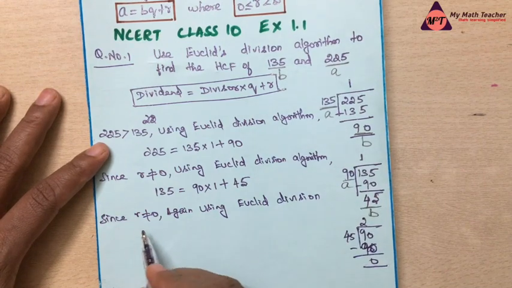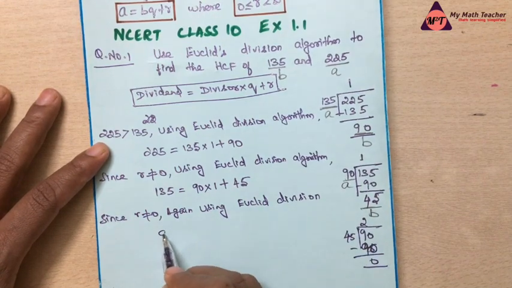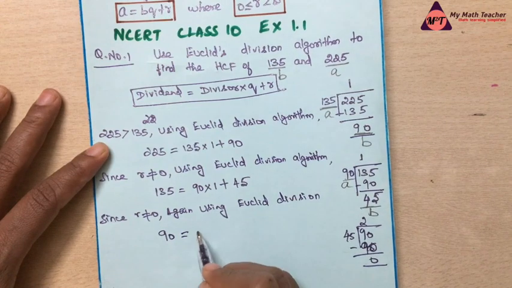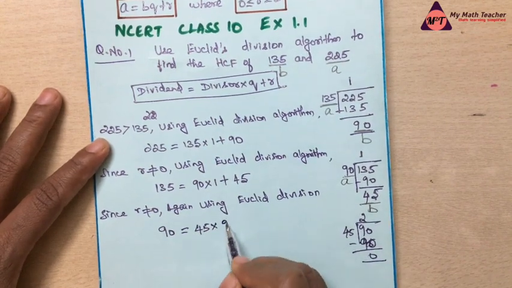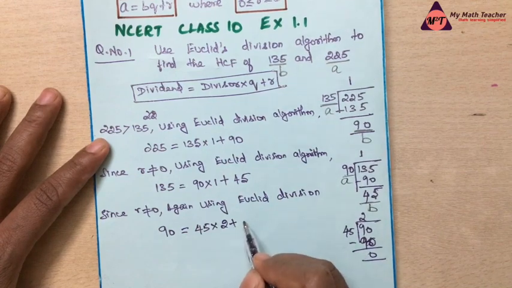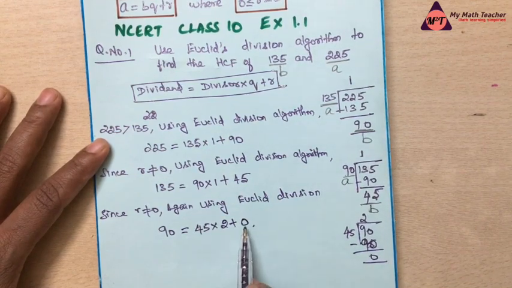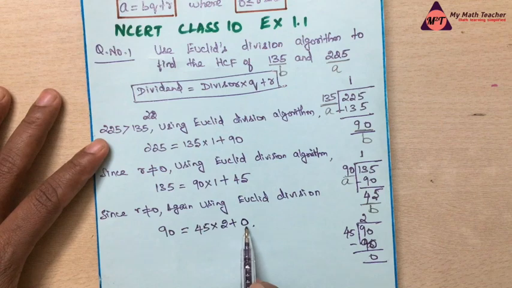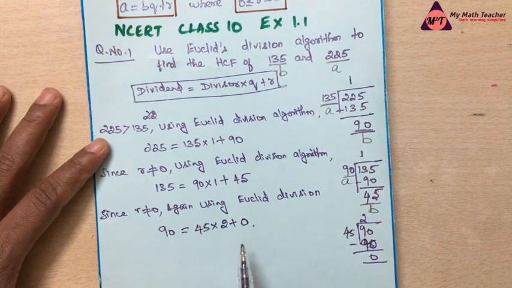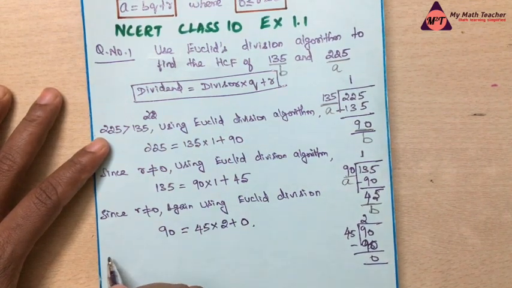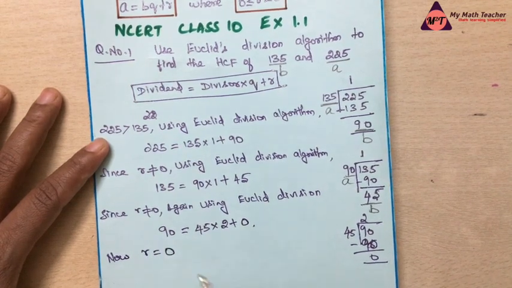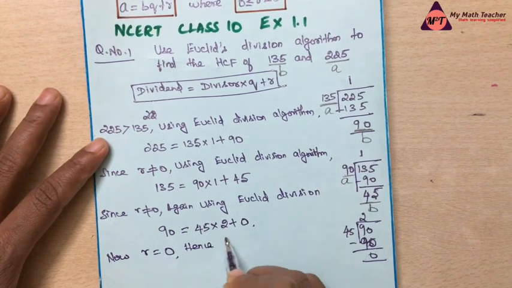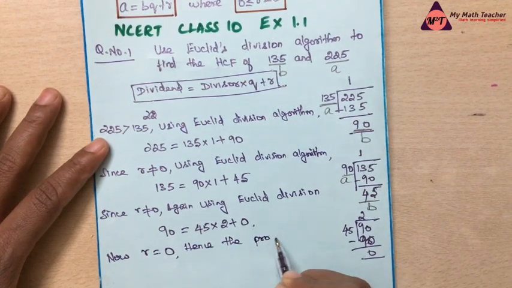Finally we have got the statement: 90 is equal to 45 multiplied by 2 plus the remainder 0. So finally we got the remainder as 0. So we have to stop the process here. Now R is equal to 0. Hence the process ends.